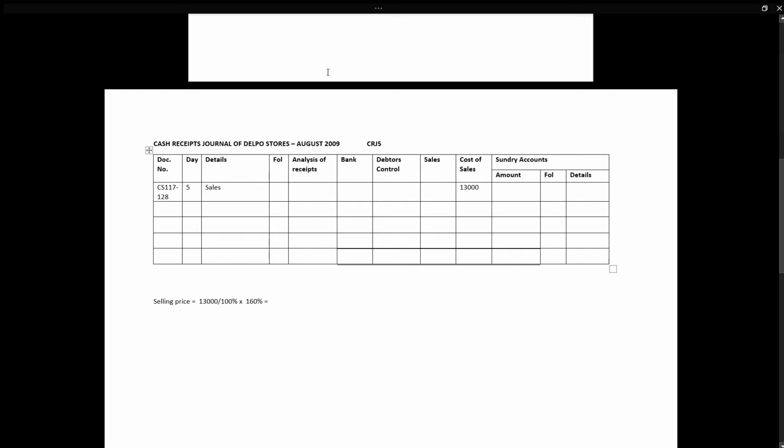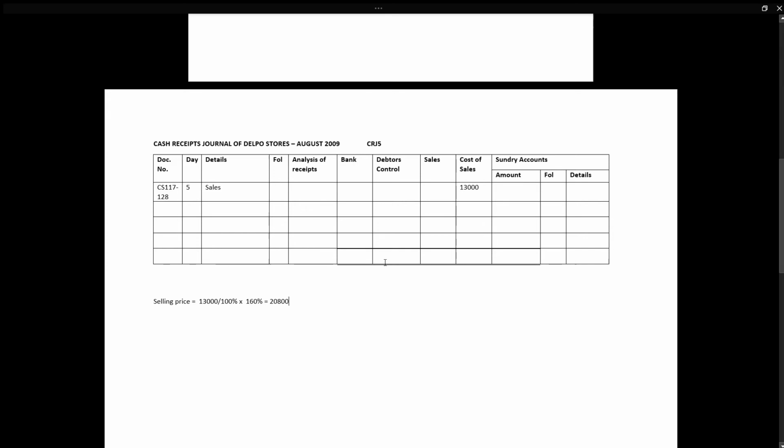Let's put that into a calculator. 13,000 divided by 100% multiplied by 160% will equal 20,800.